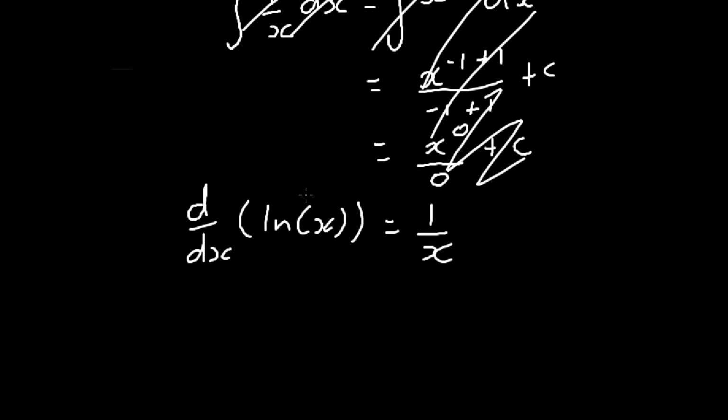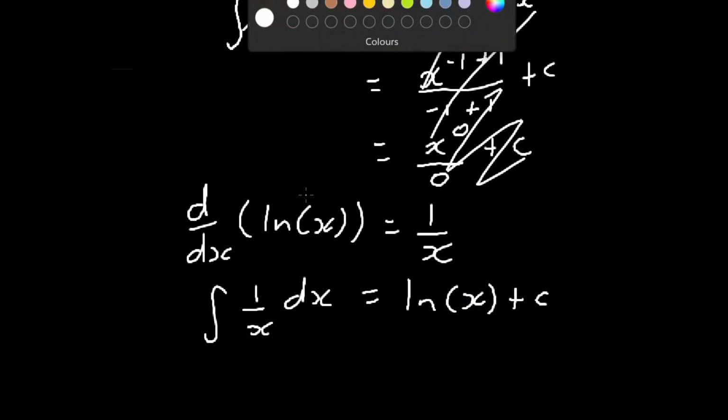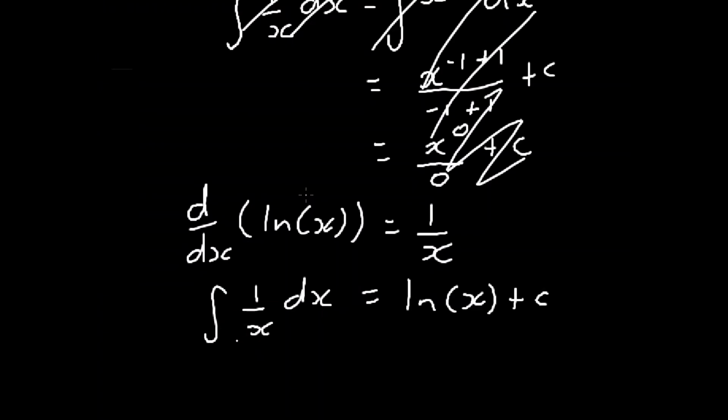And so the reverse is very true. When I integrate 1 over x, that gives me ln x plus c.